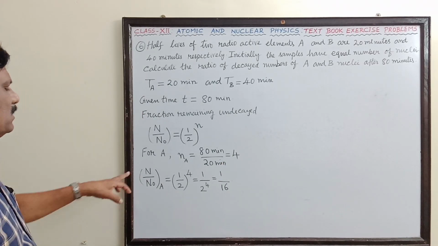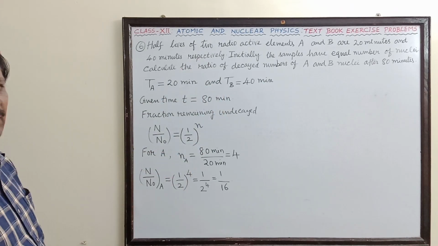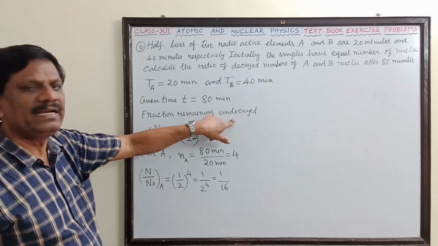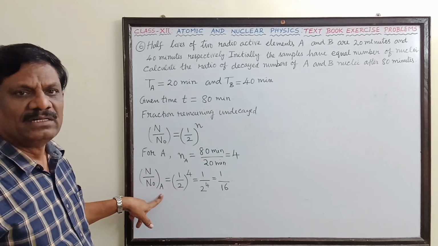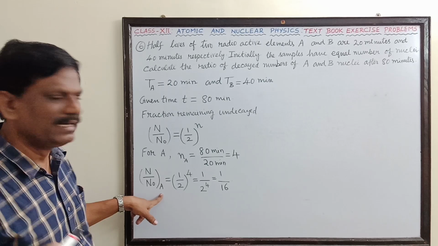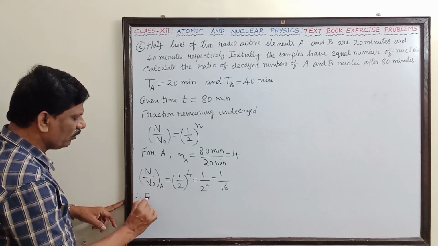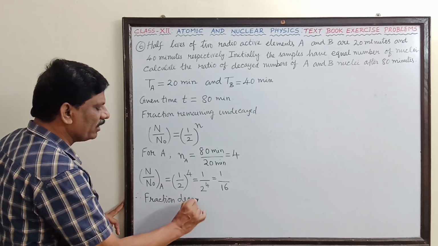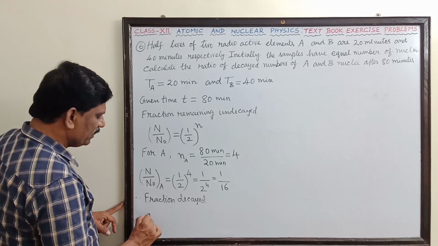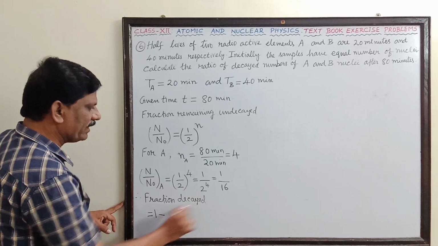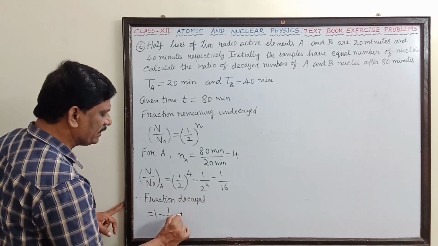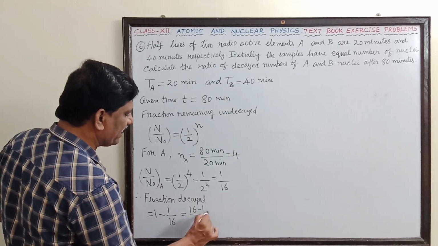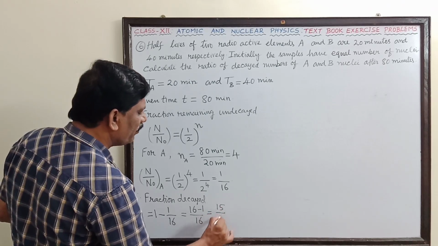Similarly, now we can go for the other element. Before that, what we have found here is the fraction remaining undecayed for the element A. Therefore, how much decayed we have to find, is it not? Therefore, the fraction decayed is equal to 1 minus 1 by 16, which is 16 minus 1 divided by 16, that is equal to 15 by 16.